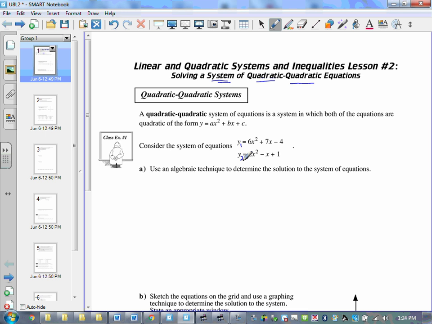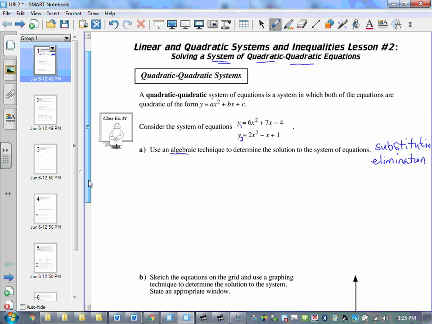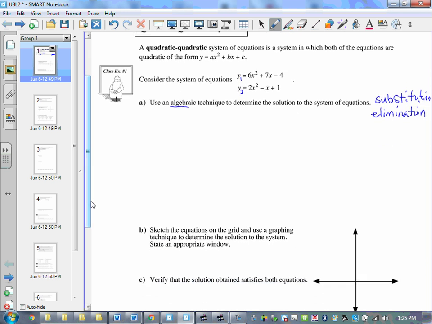Or we can do an algebraic technique where we do either substitution or elimination, which we reviewed just moments ago. So far, so good? Brody, you following me? So we're going to use an algebraic technique. Did we like substitution or did we like elimination? We like substitution.